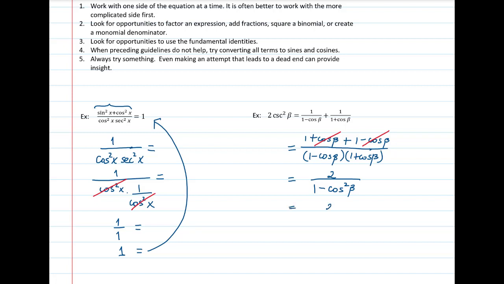We've done this several times. And notice how that's precisely my Pythagorean identity. So I change that to sine squared beta, and I'm almost there, right? I can use my reciprocal identity. 1 over sine is cosecant, and since it's squared, I end up with 2 cosecant squared beta, which is exactly what I have on the left side. And it's verified.